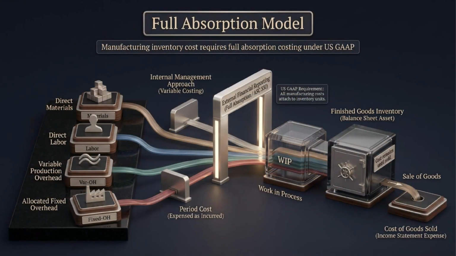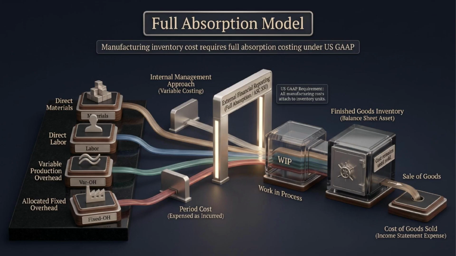Under US GAAP, manufacturing inventory uses full absorption costing for external financial reporting. This means product cost includes direct materials, direct labor, variable production overhead, and allocated fixed production overhead.